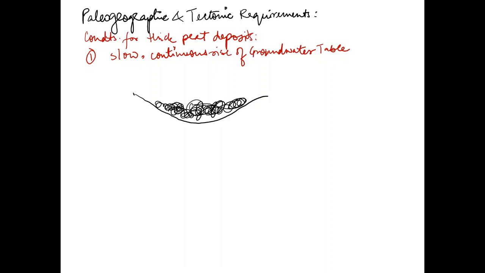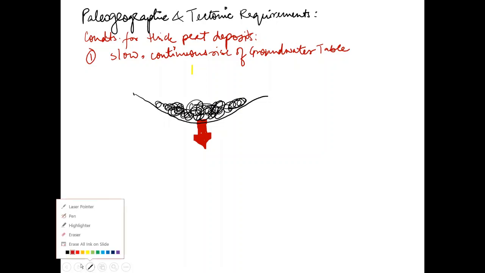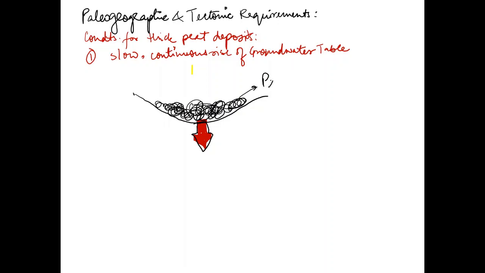And this area is a bit tectonically active, and this area may keep on subsiding. It may keep on going down. So this subsidence, it may lead to the destruction of this peat material if it subsides.